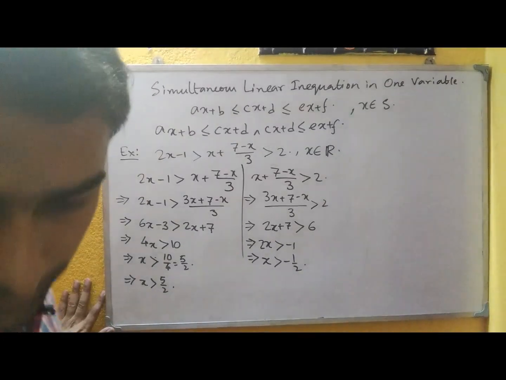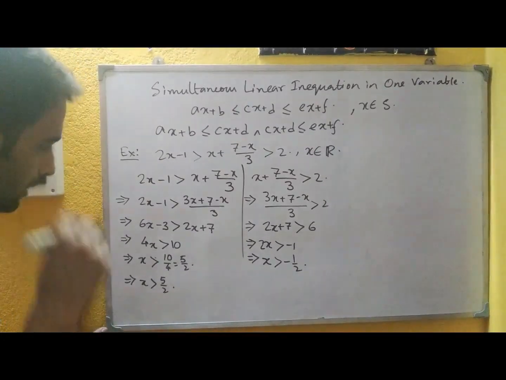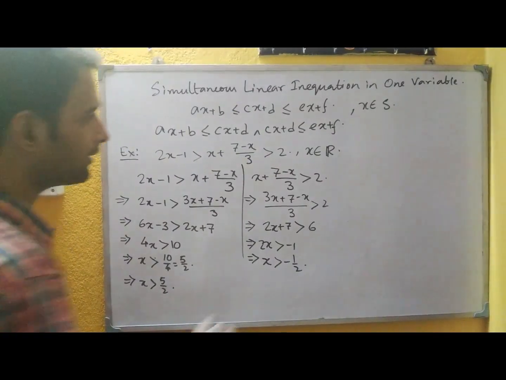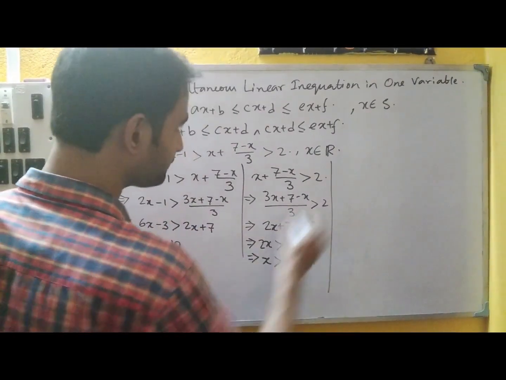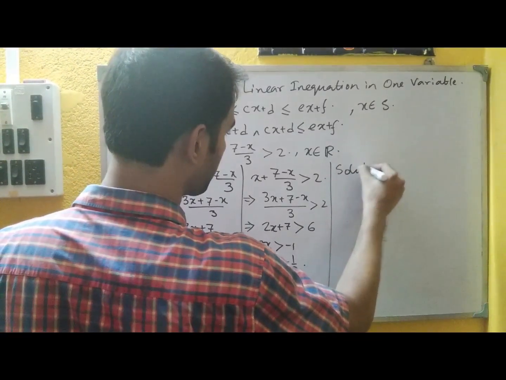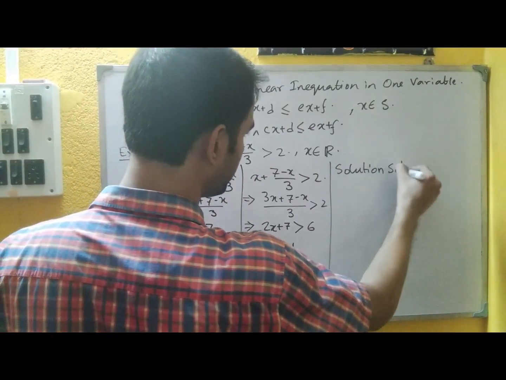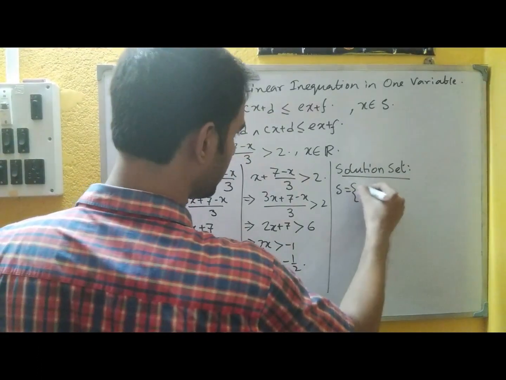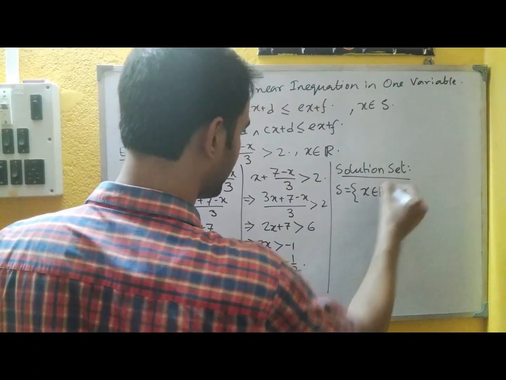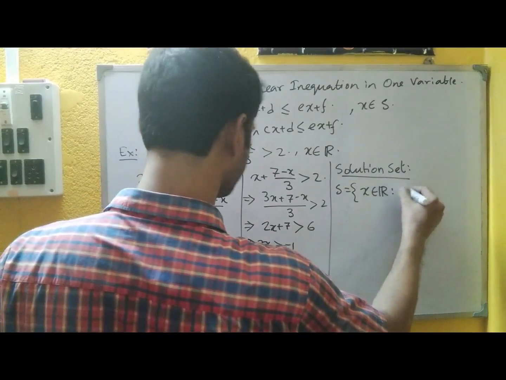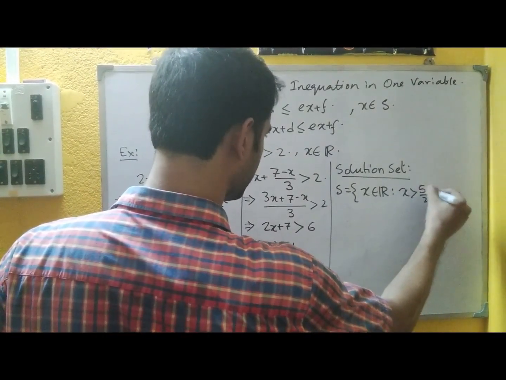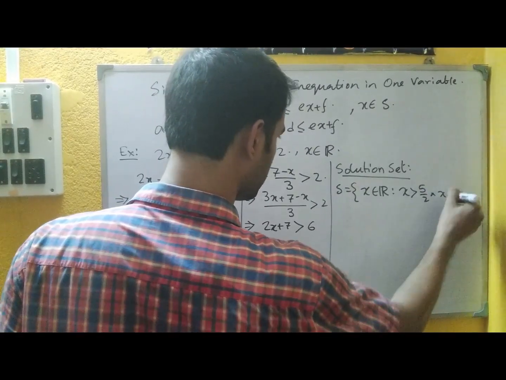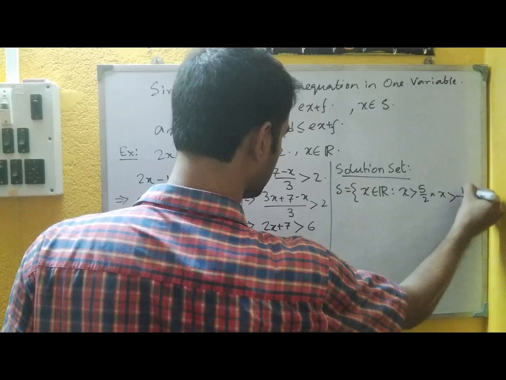So this thing we get. These two cases are happening simultaneously. So for the solution set, what will we get? Say S is the solution set, then we can write it as x belongs to R such that x is greater than 5 by 2 and x is greater than minus half.